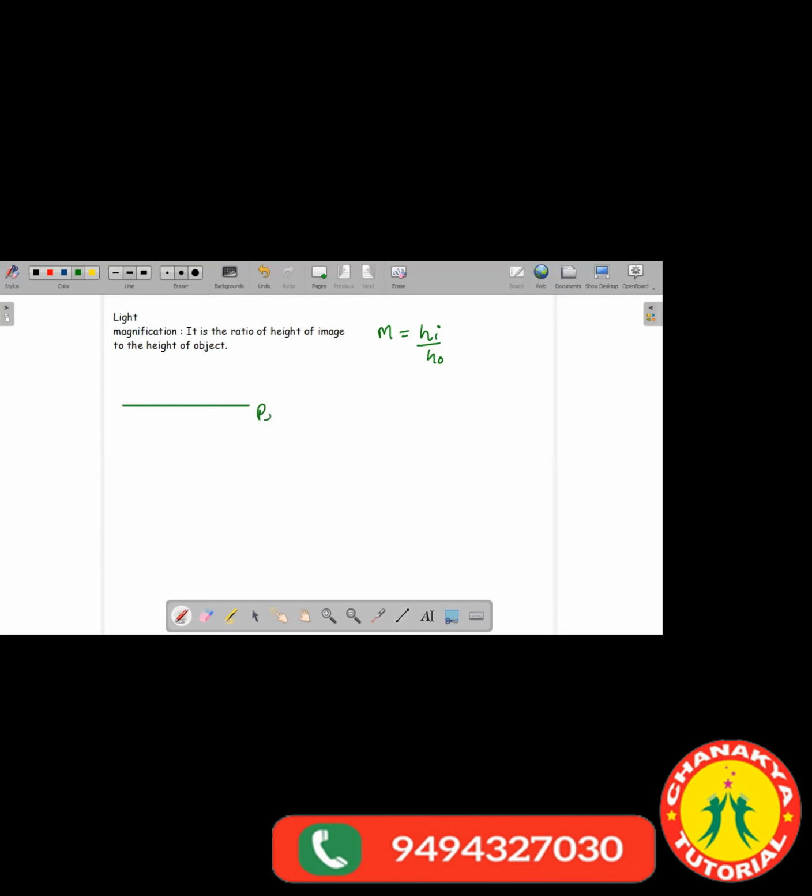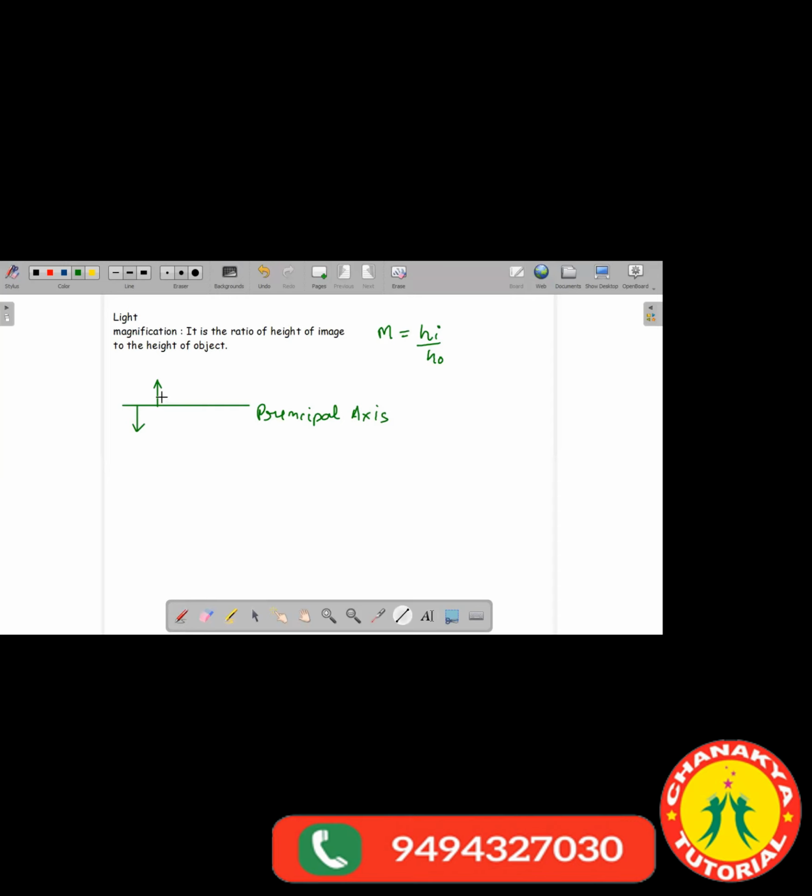With regard to the principal axis, we discuss what values this magnification can have. The measurements above the principal axis will be positive measurements, and the measurements below the principal axis are negative measurements.